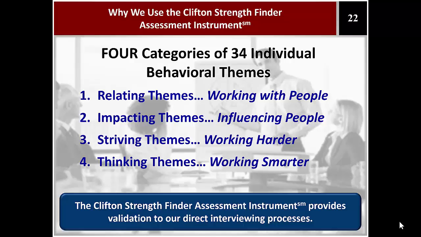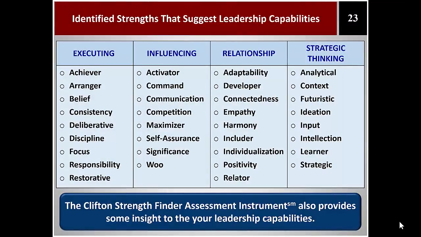In each of these categories, there's numerous themes. So for example, in thinking themes, there are 12 unique themes in there. And for relating themes, there's 6 or 7 themes in there. In fact, we can reorganize those themes. Here's all 34 themes.